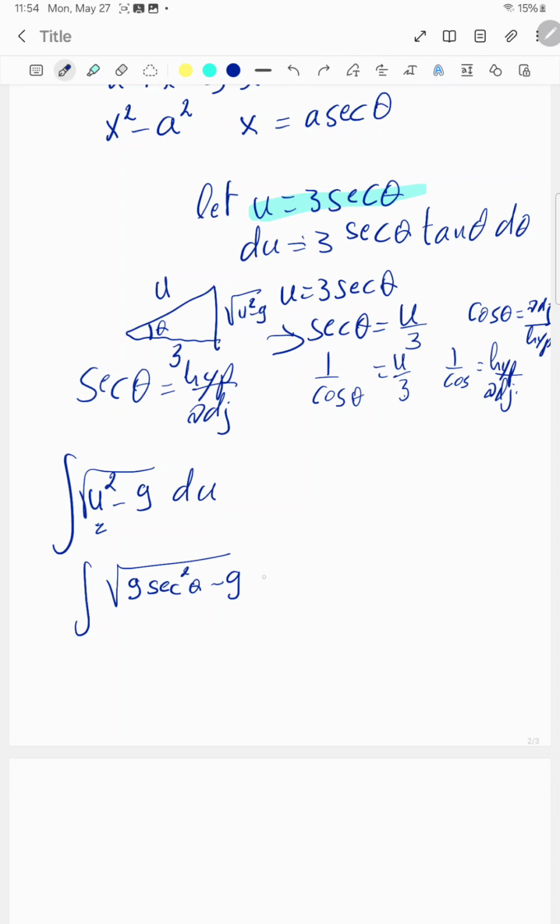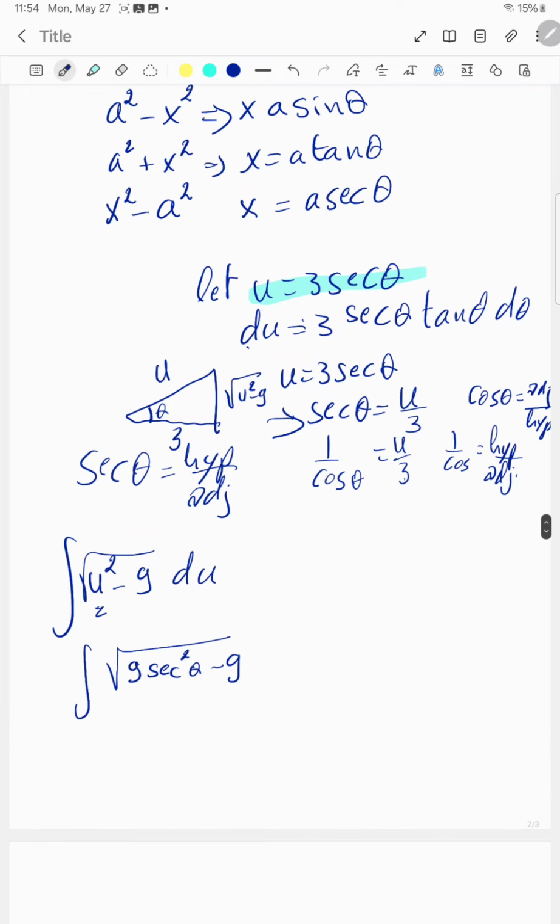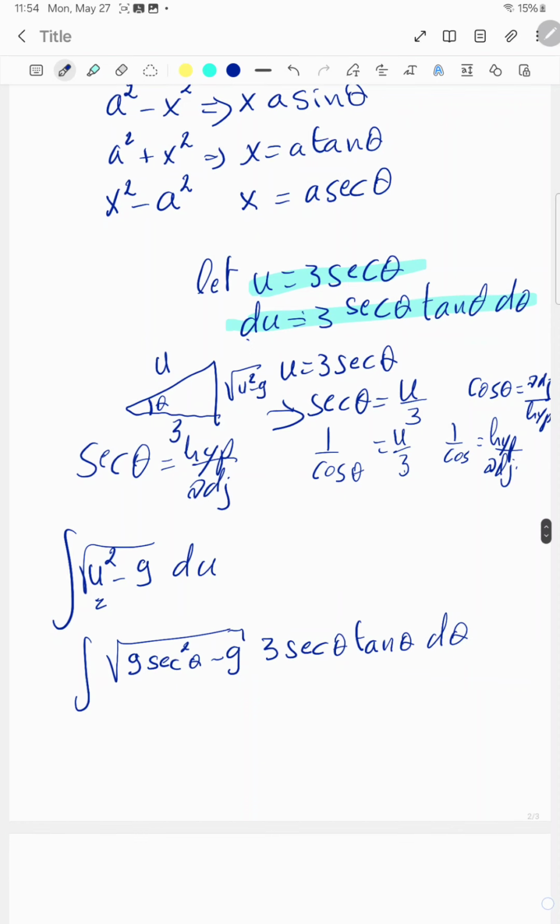And my du, we just did it here, my du is 3 sec of theta tan of theta d theta. So times 3 sec of theta tan of theta d theta. And my square root ends here.